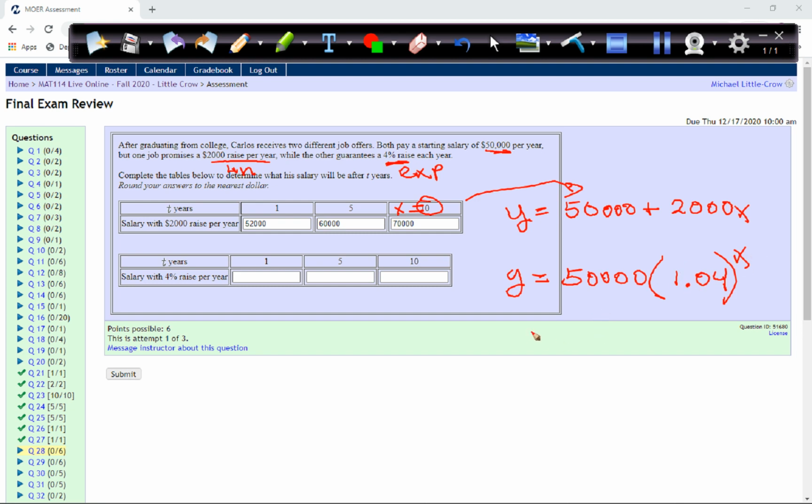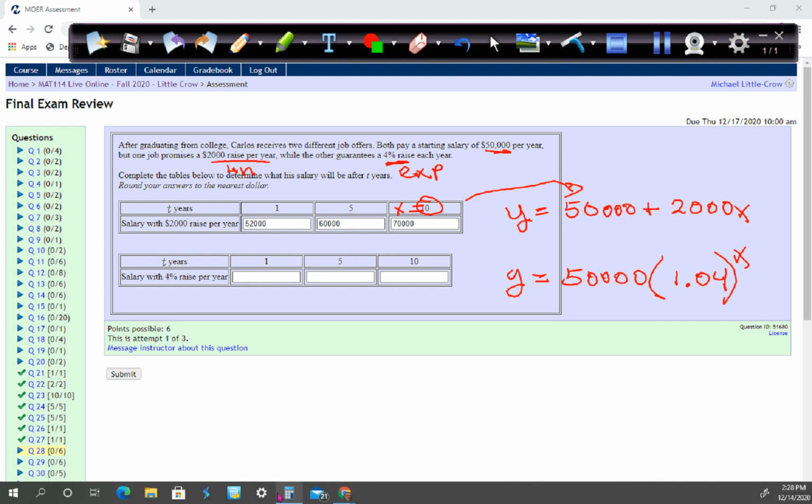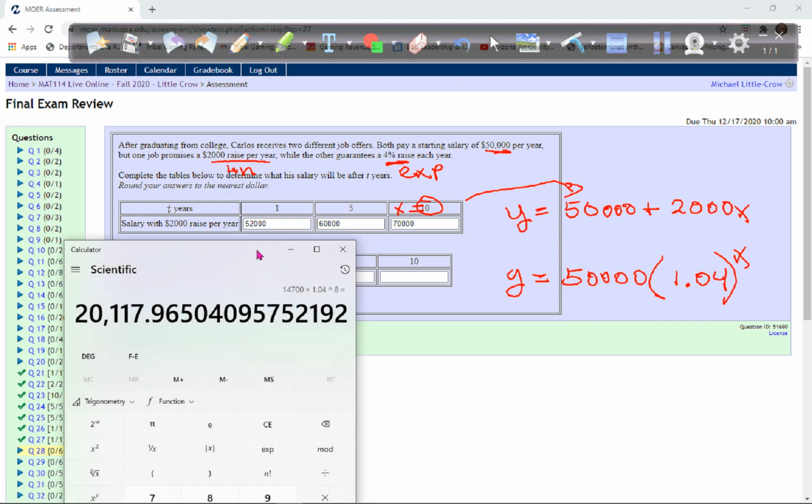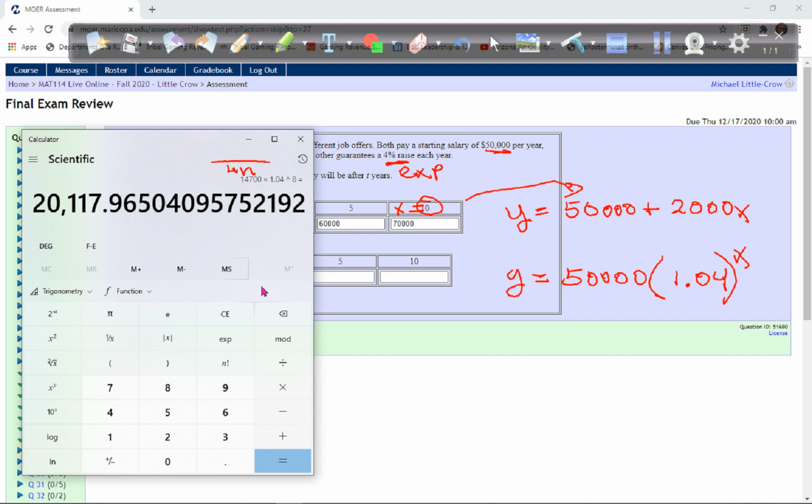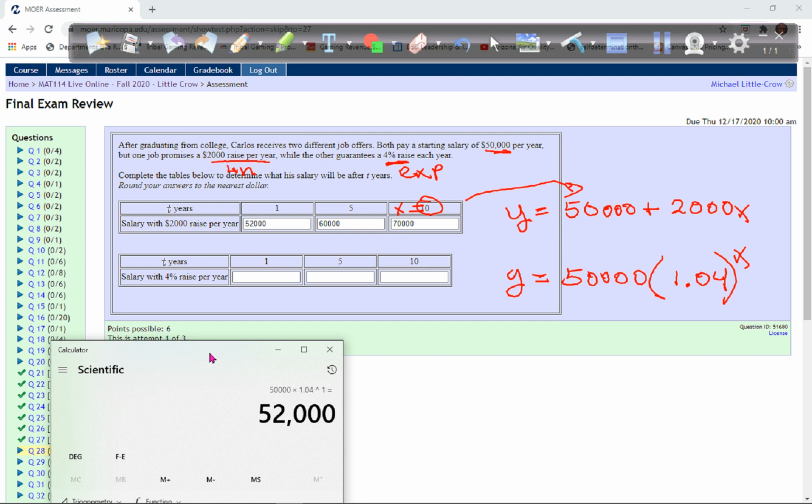So we just need a standard calculator or a scientific calculator. Clear what we have. For the first year, we'll still use it. So 50,000 times 1.04 raised to the 1 power, 52. So we're equal there.